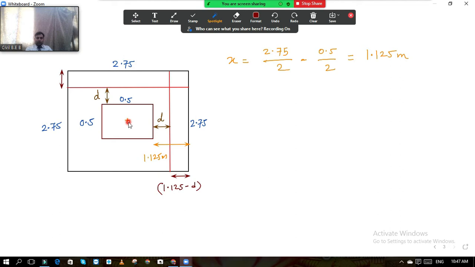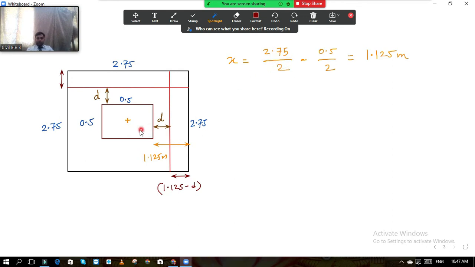This is the centroid. From the centroid up to this point, how much is this distance? If this total is 2.75, then from this centroid up to the last edge, the distance will be the same, 2.75 by 2.